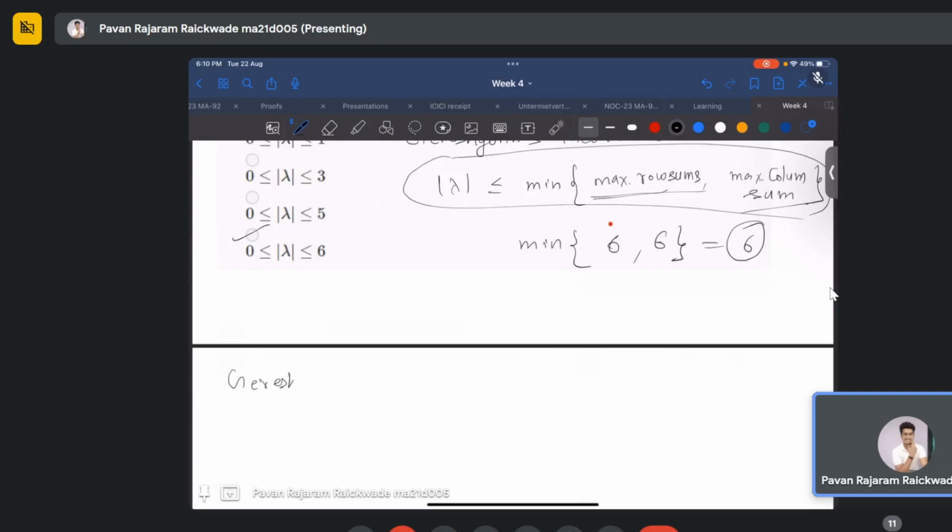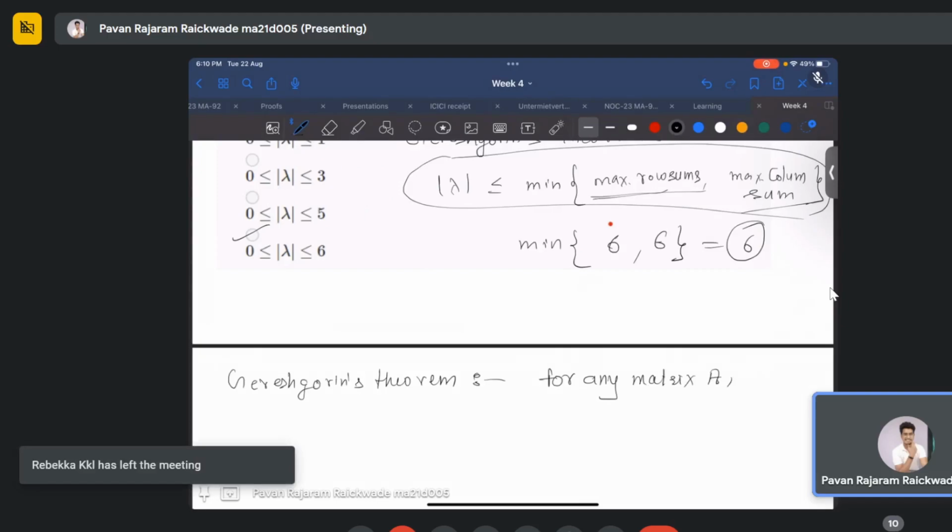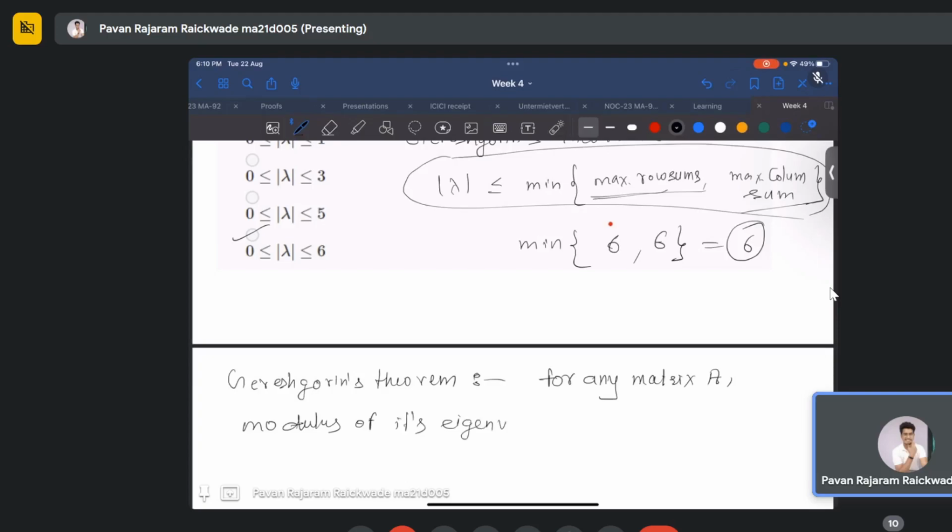The original Gershgorin's theorem states that for any matrix A, the modulus of its eigenvalue cannot exceed the maximum of its row sums.